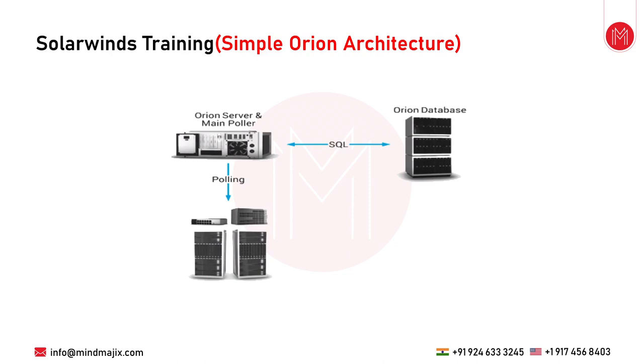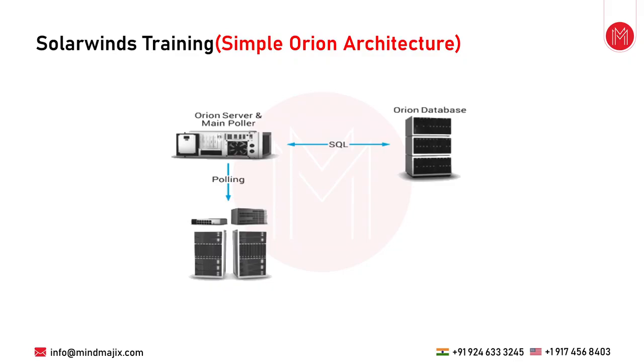SolarWinds uses an SQL database, and we will be able to poll the devices, whether it may be a server, depending upon what modules we have installed on this Orion server. We will be able to poll the information of that server, or the NPM. We can also view the information from the database, or view custom charts and alerts from the dashboard.